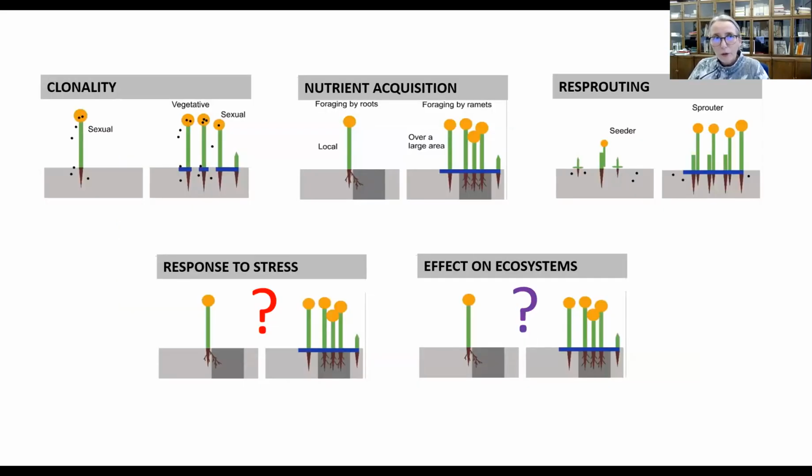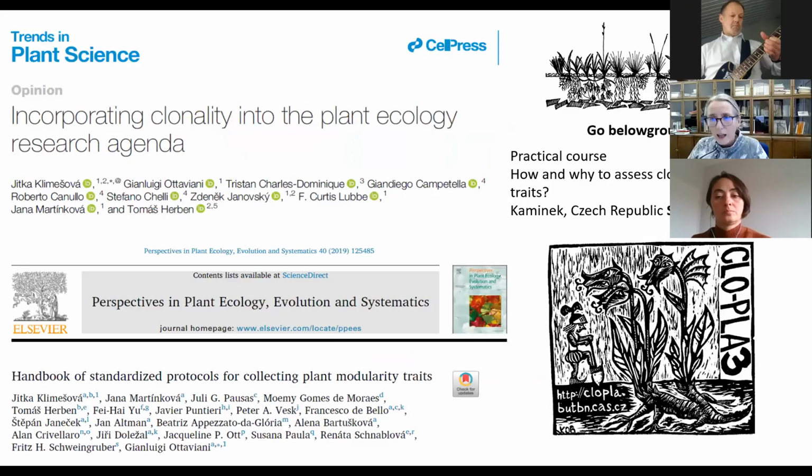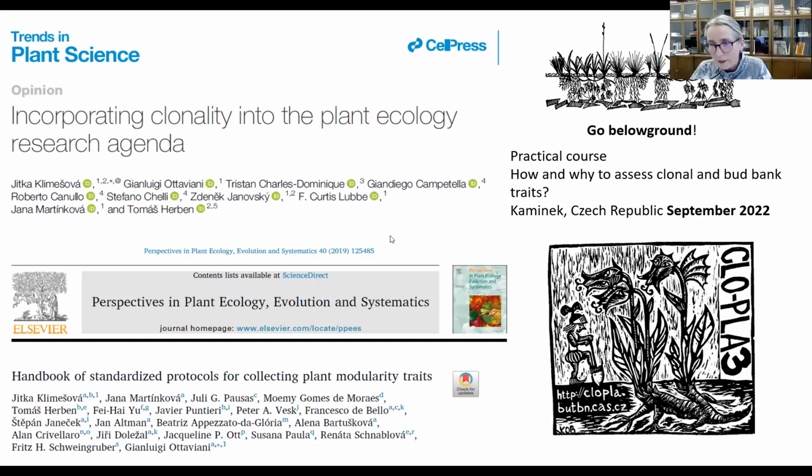So to conclude, these coarse belowground organs have different functions. We know only some of them and not properly, so there is a lot to do and a lot to study. And of course, studying these belowground coarse organs, rhizomes, tubers, and bulbs, depends on knowledge.